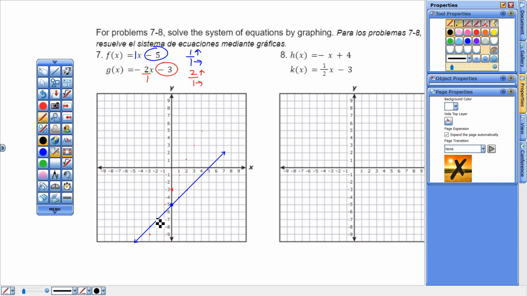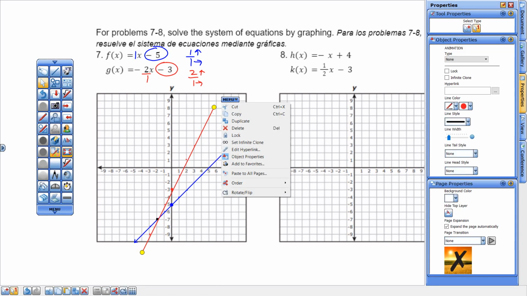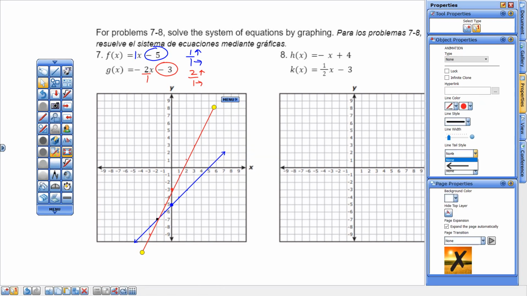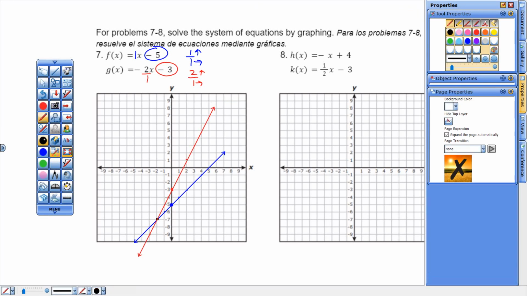And then when I draw my line through those red dots, you're finding where those two lines intersect. And I can see right here where they touch.